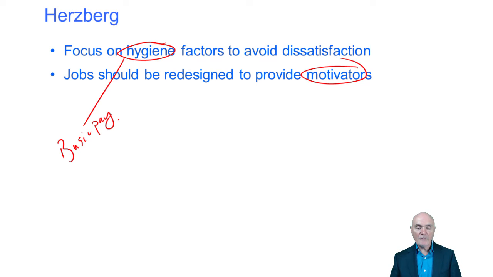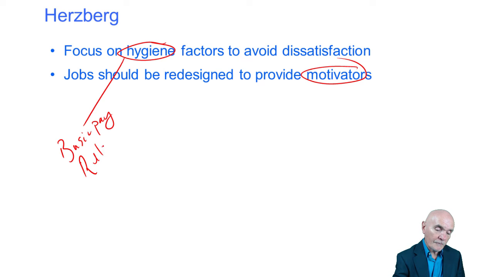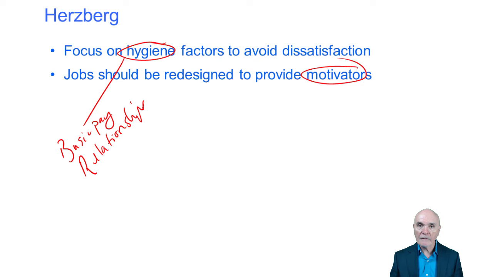Enough pay to live on, enough pay to feel you're not being cheated. There's also kind of relationships at work. So if you do not get on with anyone at work, then this is going to be a big impediment to being motivated. It's the absence of a hygiene factor. Then maybe the physical conditions of work. So is it too noisy? Is it dusty? Is it too warm?